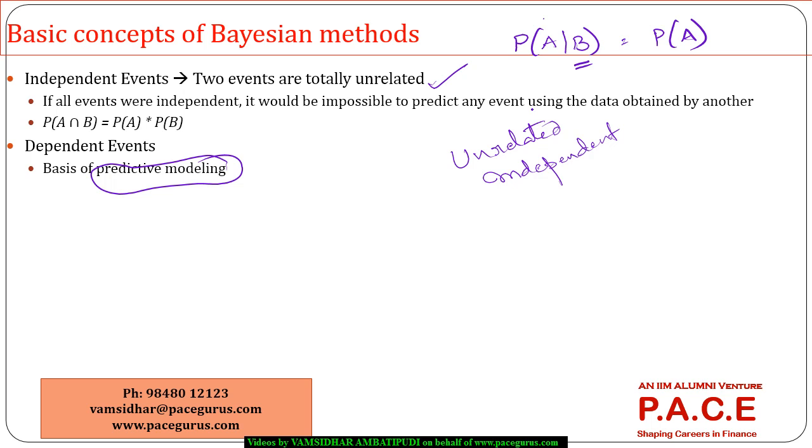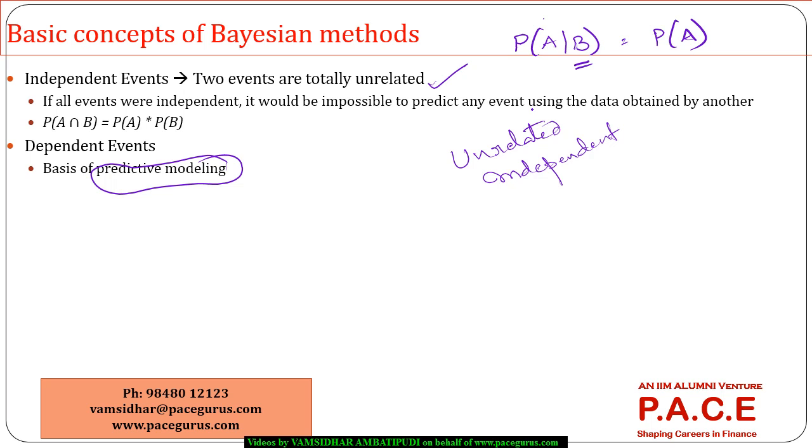When two events are independent, there is nothing that I can do as a predictive modeler, because the occurrence or non-occurrence of any one of the events has no influence on the occurrence or non-occurrence of the other event.